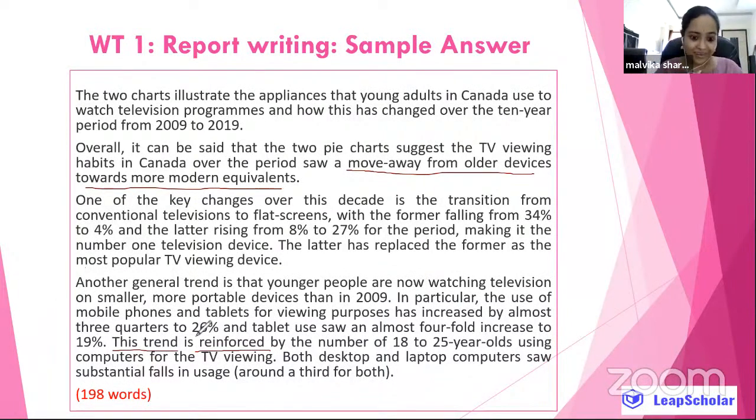Okay, this trend is reinforced. So it is re-emphasized. It has become even stronger by the same age group, because they have also been using computers for TV viewing. So again, computers come under the category of modern equivalents.